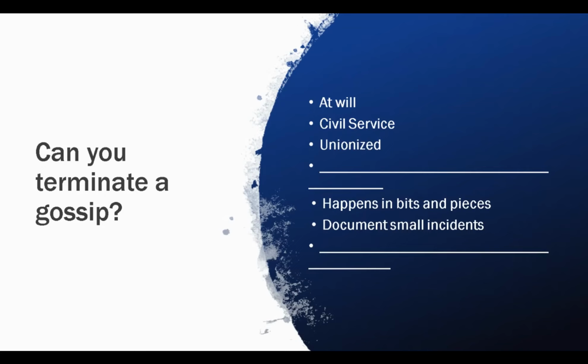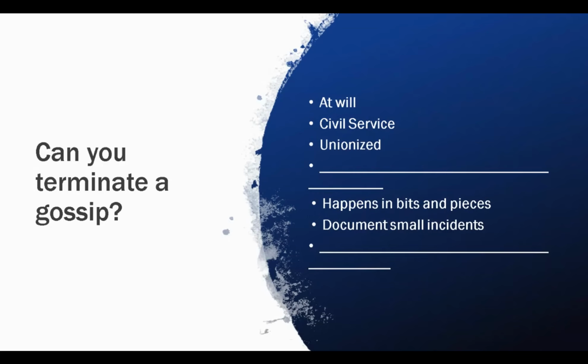Keep in mind that the gossip rarely talks about any one thing that's going to bring about a big incident with a formal complaint, an IA investigation, and termination as a result. Generally, it's going to happen in little bits and pieces that chip away at the morale of the department until you've got that toxic environment.